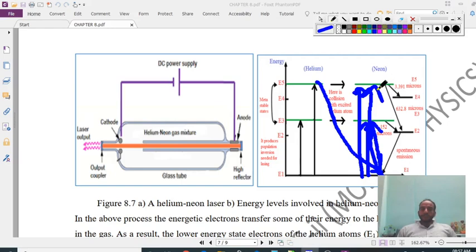So this produces a population inversion.